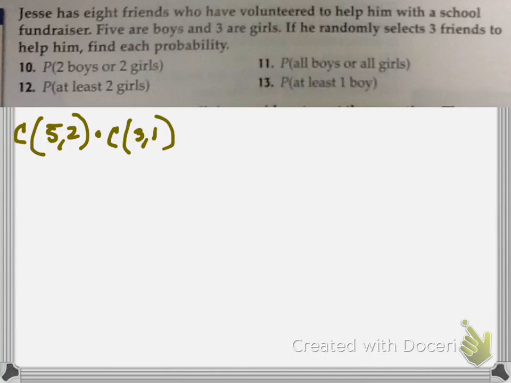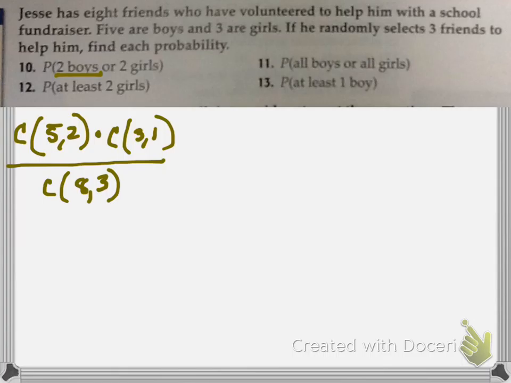Over the totality of what she's doing, which is 8 people, and she's choosing 3. So what I have written down is the probability of just 2 boys. Choosing 2 boys out of 5, choosing 1 girl out of 3.